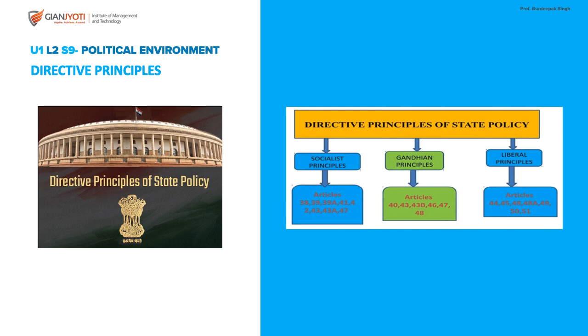That is one of the directives under the Gandhian principles. Like this, all these articles are written, which are the directives for the states to follow. Similarly, liberal principles, which should be in line with the central principles in terms of liberalization in the states.